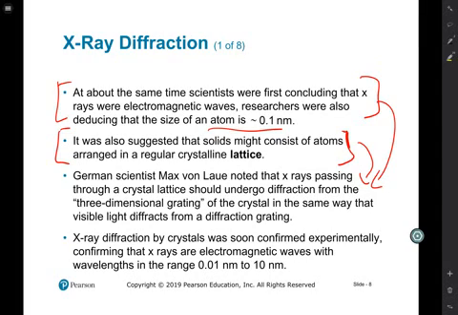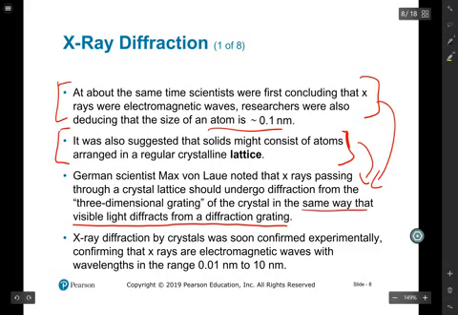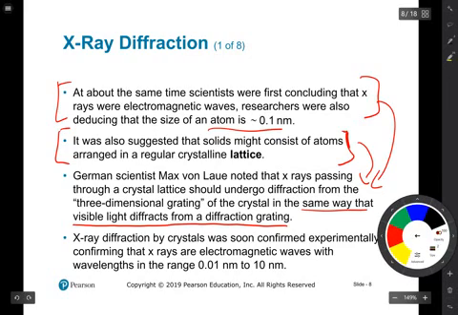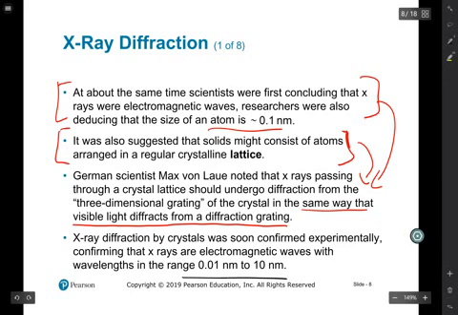But the important bit is it's exactly the same mathematics, the same way that visible light, diffraction, and diffraction grating is what happens for X-rays going through a crystal lattice. Notice that the reason it's a little bit different is X-rays are much smaller wavelength, and the atoms are much smaller spacings between your slits.